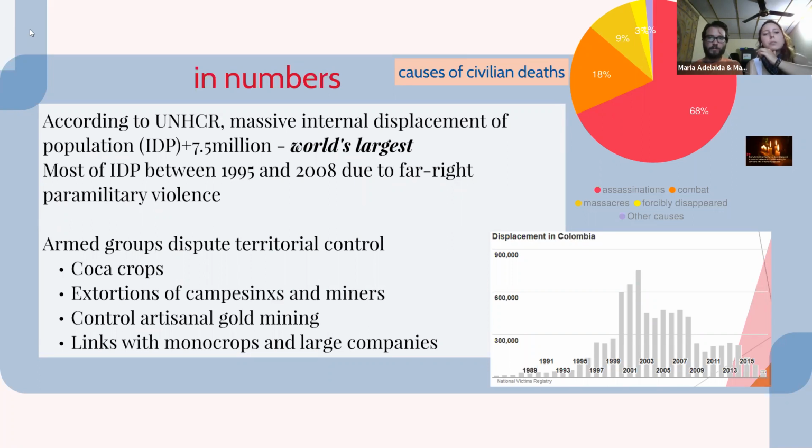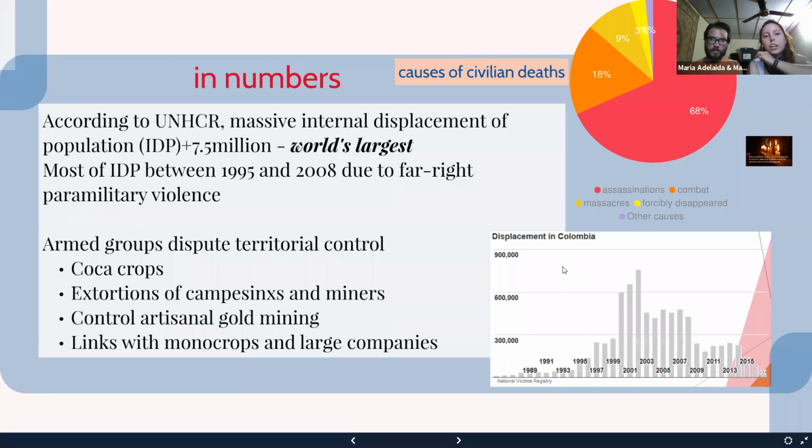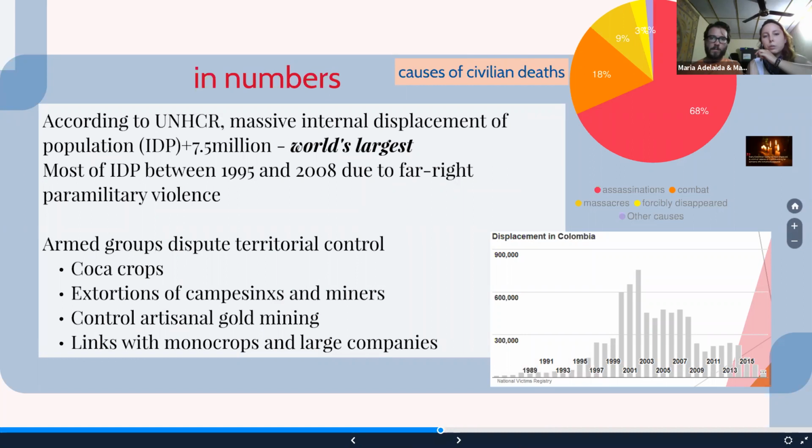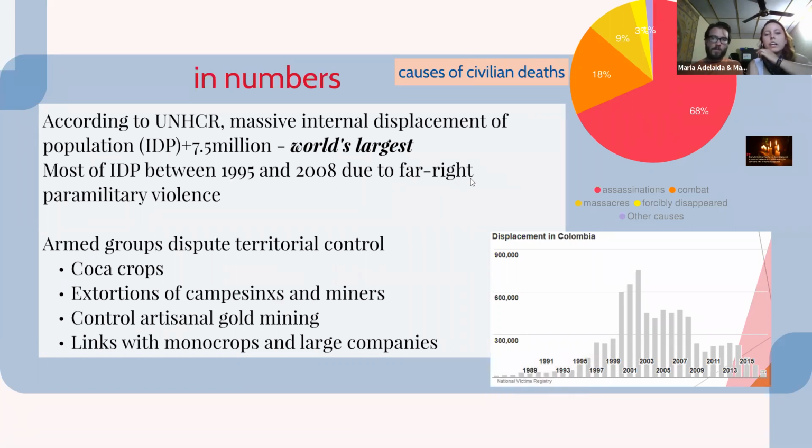And this has happened mostly from 1995 until 2008, where the war increased due to far-right paramilitary violence. This paramilitary violence started in the 90s, and it has become one of the most violent groups we've had in all of the conflict.